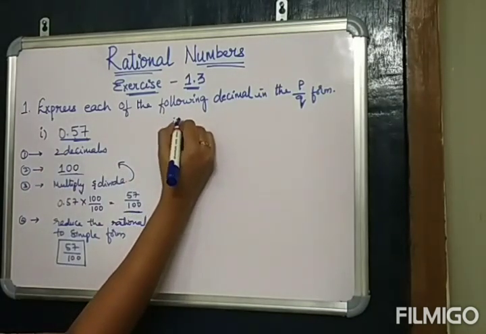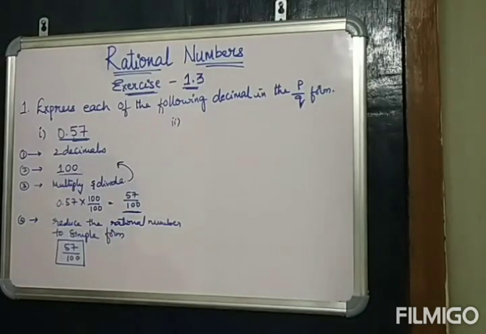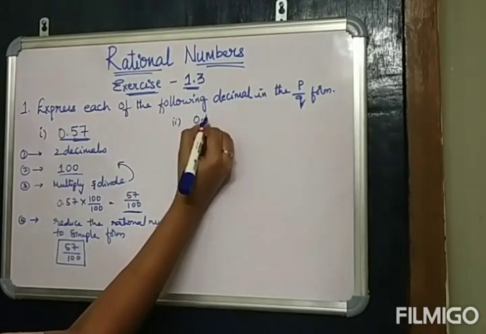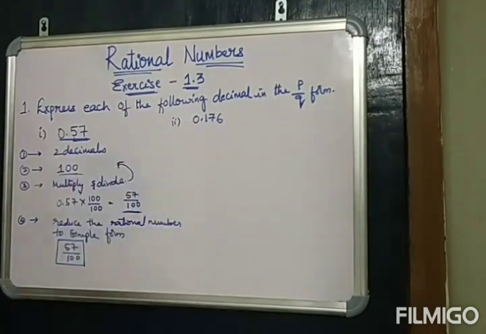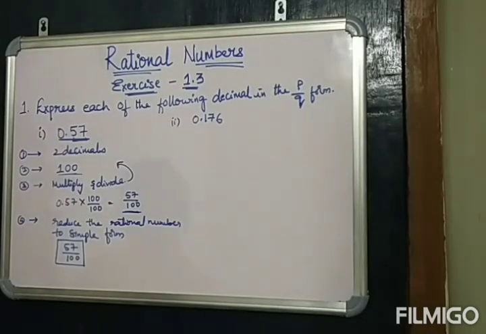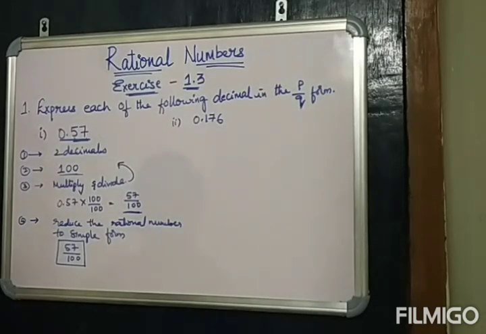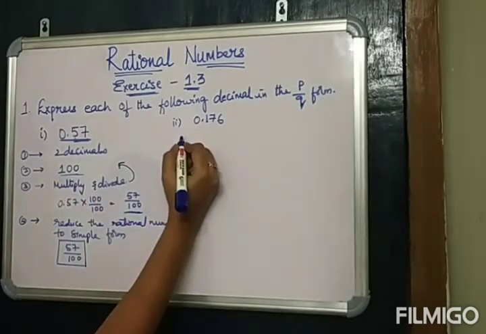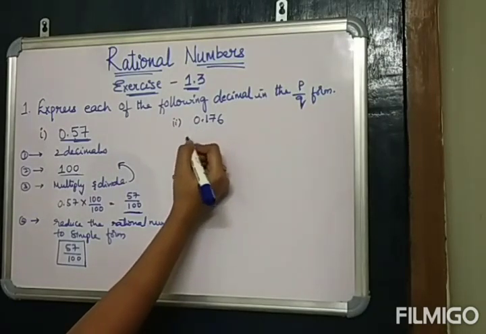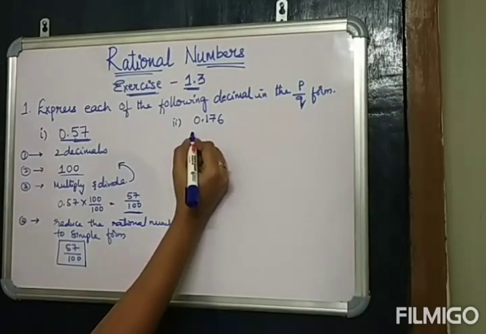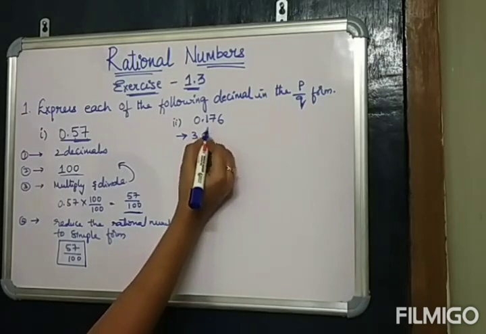Let us see another example: 0.176. In the first step, we have to find out how many decimal places there are.